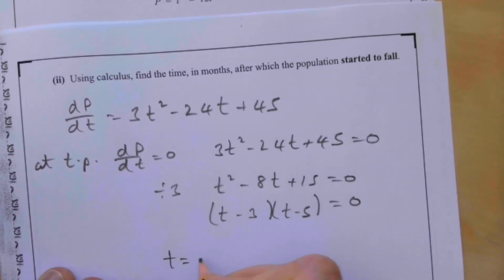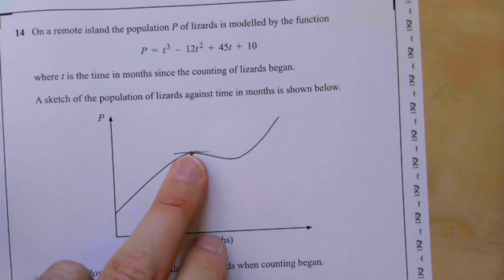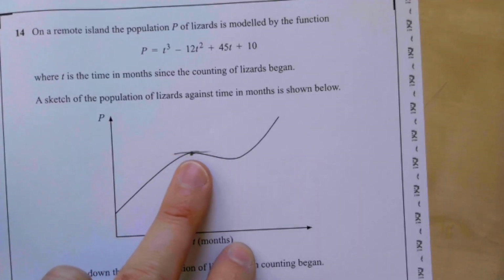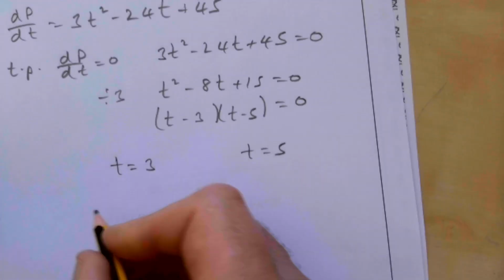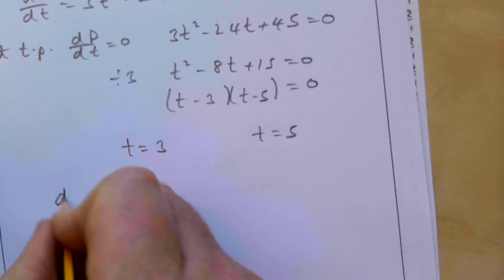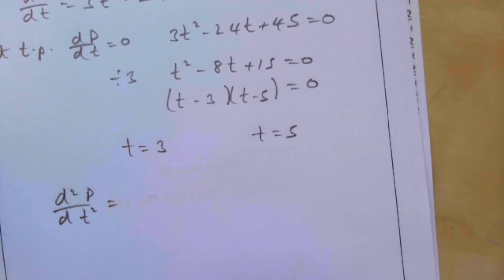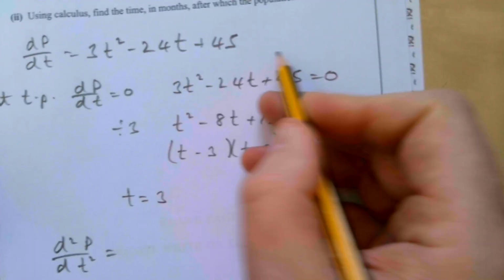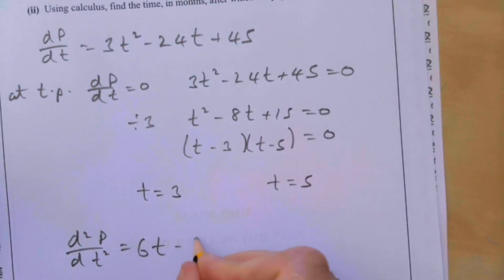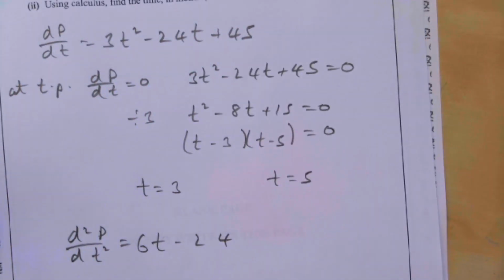That gives us a value of t equals 3, or t equals 5. Now, I'm reasonably suspicious that this is 3 and this is 5, so I assume my answer is going to be there, but obviously we need to prove that, so we need to do a wee bit more and find d2P by dt squared. Differentiating this again gives me 6t take away 24.